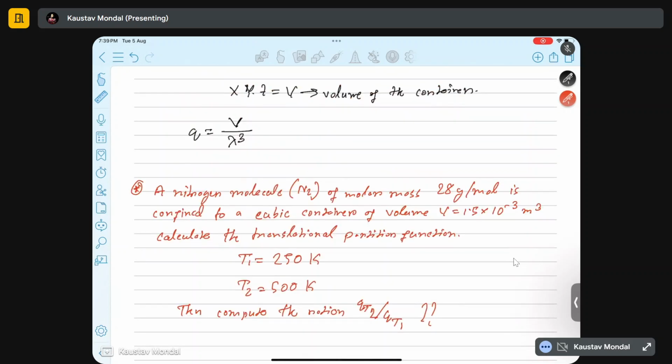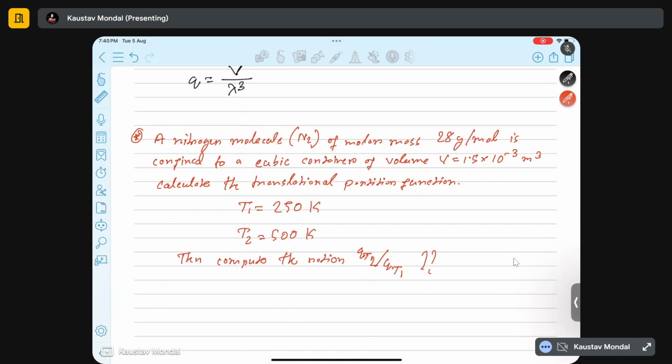Okay, so this is the problem. To solve this kind of problem, the first thing that we have to do is use the units very carefully. First, we will convert the molecular mass into kg, because all the other units are in SI units.